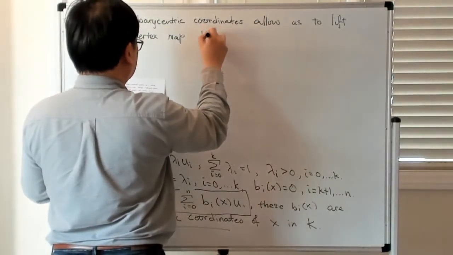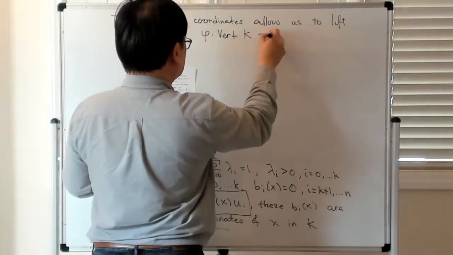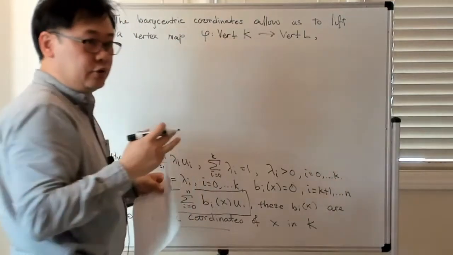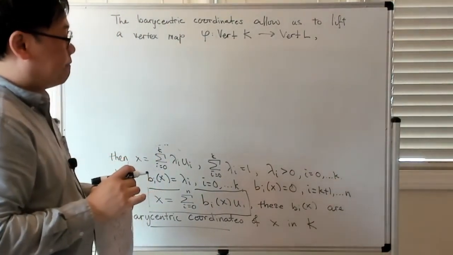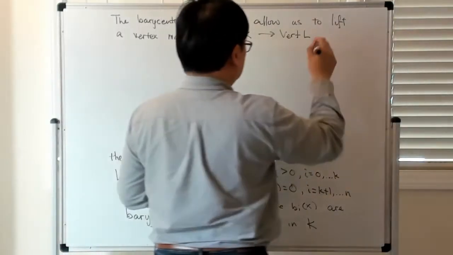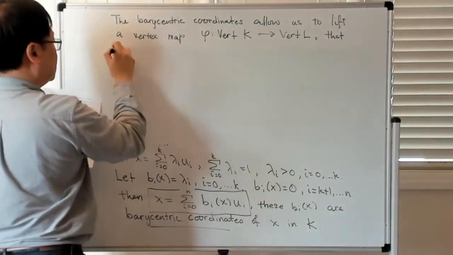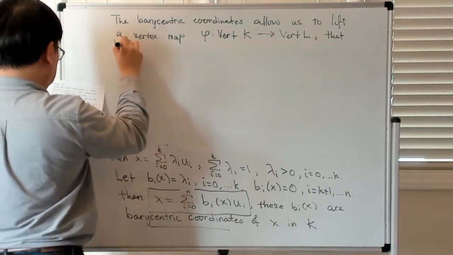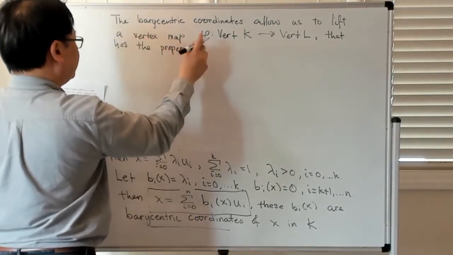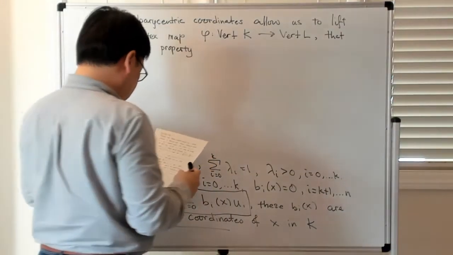It's a map obviously from the vertex set of one of the complexes to the vertex set of the other complex, but you want it to respect the simplicial complex structure in some sense, and the sense is that it has the property, more or less, that vertices of K get mapped to vertices of L.